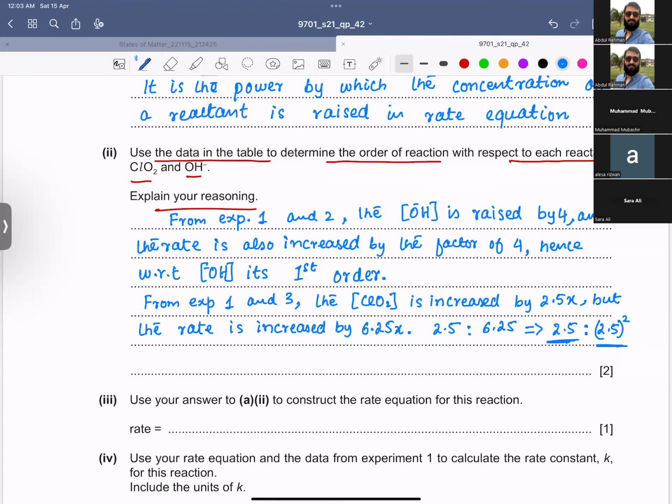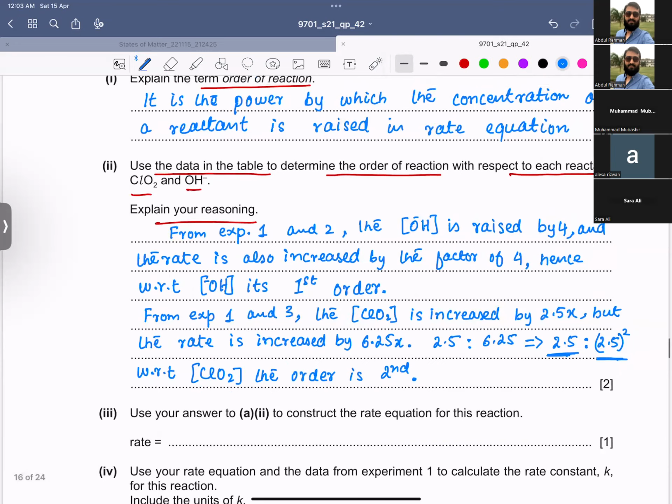So I can conclude that with respect to the concentration of ClO2, the order is second. Is this clear to everyone? Yes, sir.